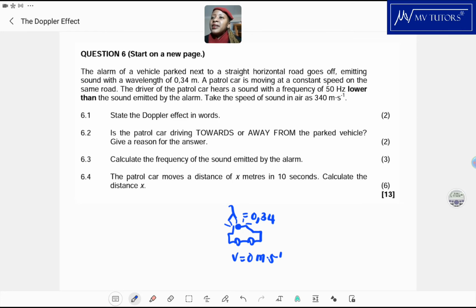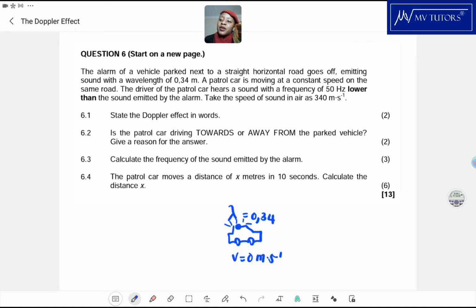I'm just going to say that's the sound source, so it's emitting sound. A patrol car is moving at a constant speed on the same road. The driver of the patrol car hears the sound with a frequency 50 hertz lower than the sound emitted by the alarm. So for now, your source is stationary. When your source is moving away from a listener, they will hear a lesser frequency. But in this case, the source is stationary, so this patrol car that's moving at a constant speed must be moving away from the source.